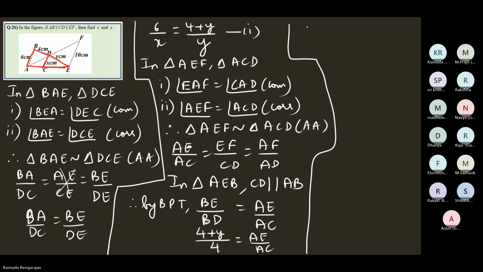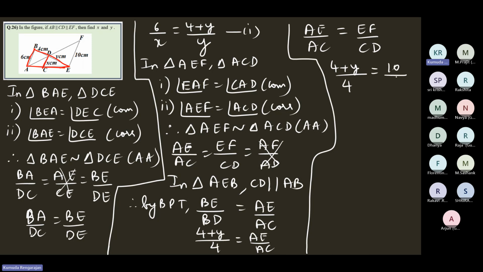So we have AE by AC is equal, we are not going ahead with this. So AE by AC is equal to EF by CD. AE by AC is 4 plus Y by 4 is equal to EF by CD. EF is 10 by CD. CD is X. CD is X.